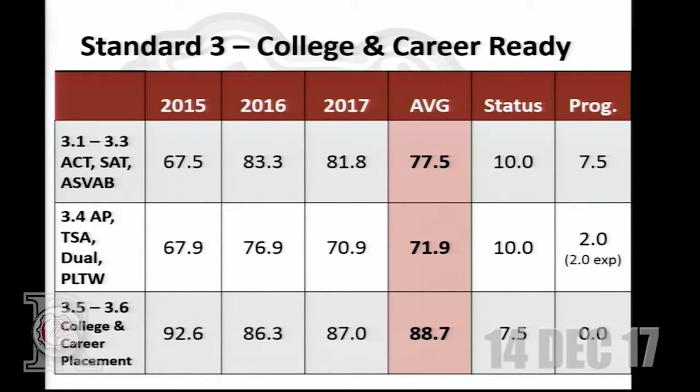The next line down, standard 3.4, is our students' performance on AP exams and in AP classes. On the TSAs, which are the technical skill attainment assessments that are given over at RTI and RTC. Our students' performance in dual credit classes, and students' performance on Project Lead the Way assessments. This is the same idea.